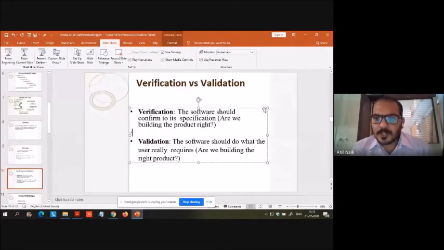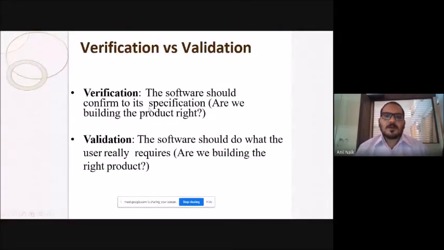Then a very important terminology: verification and validation. In your MCQ also, you will get this. You will think both are similar, verification and validation. But verification means the software should conform to its specification.